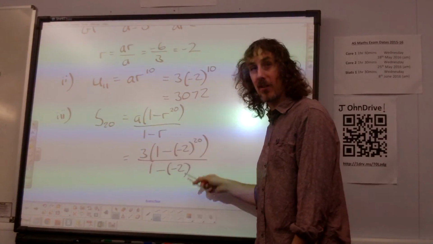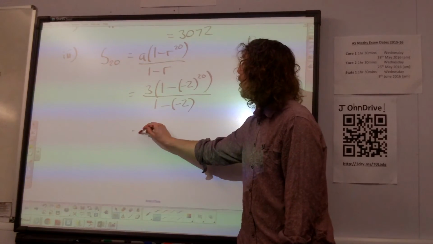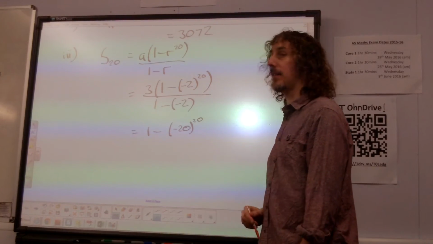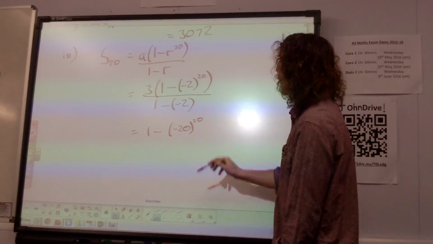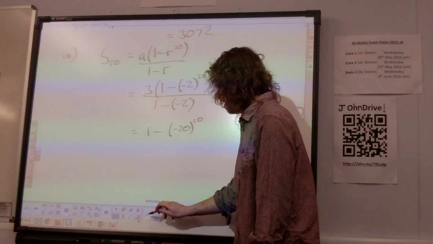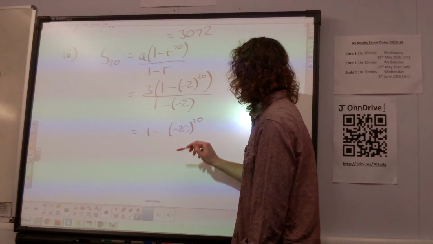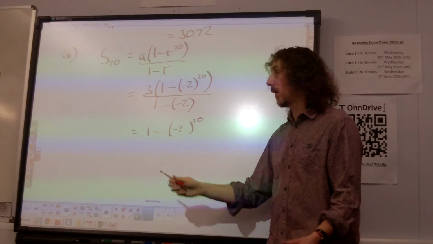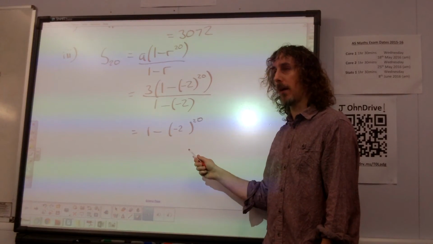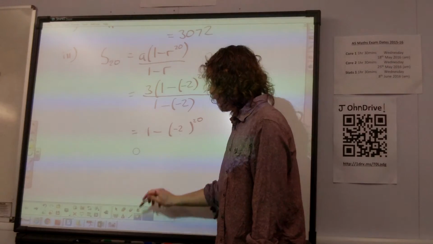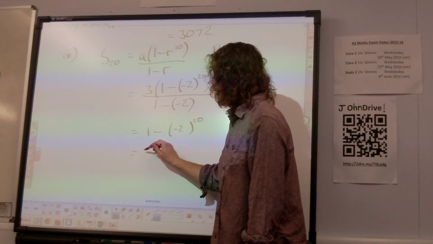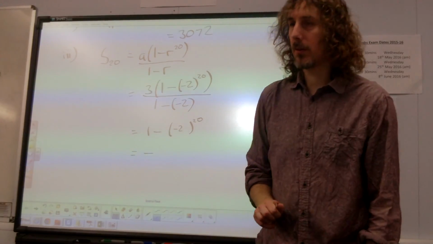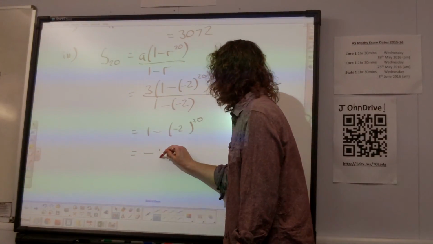What you are working out is 1 minus -2 to the 20. -2 to the 20 is positive. 1 minus this positive number is going to give us a negative answer. And the negative answer is -1,048,570.